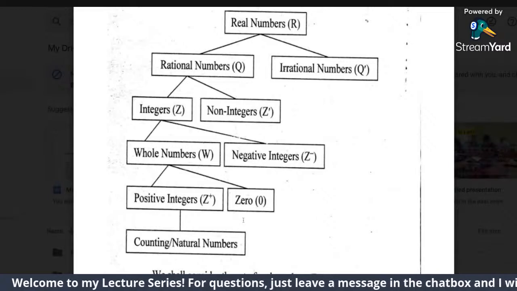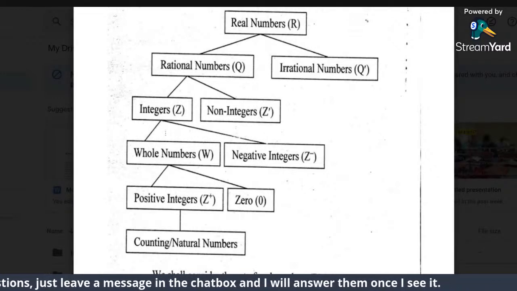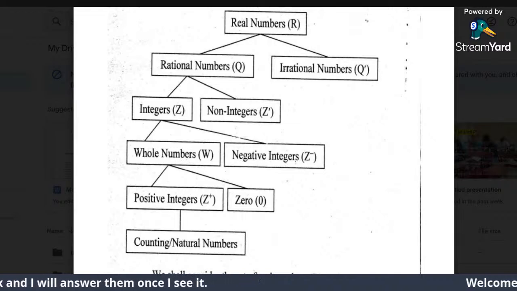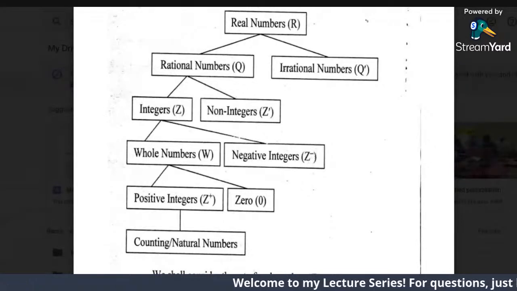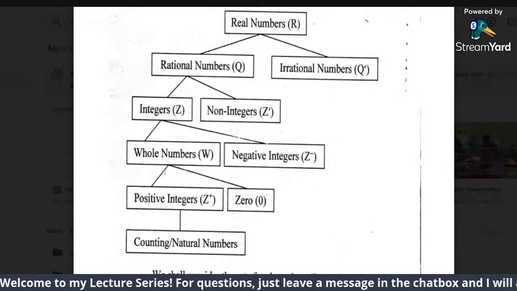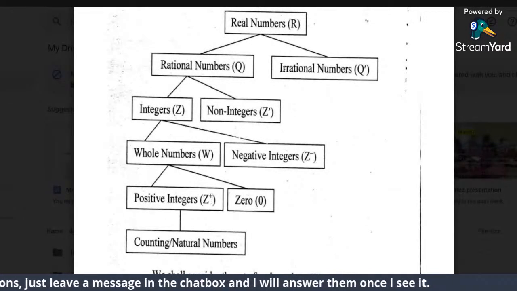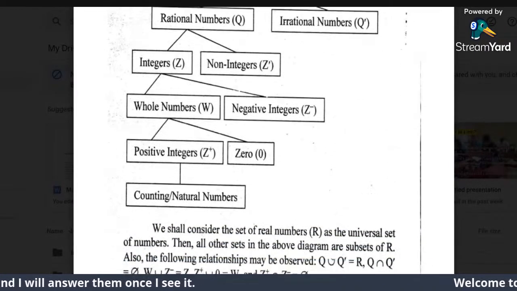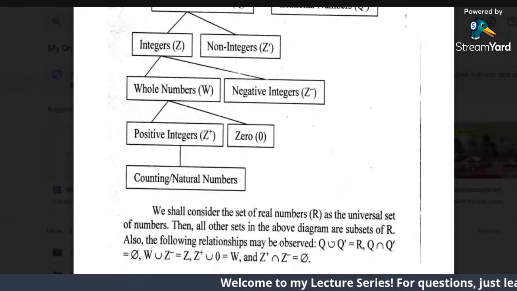We can further break down integers, which are made up of whole numbers W and the negative integers, Z minus in this representation. Then whole numbers are composed of the positive integers Z plus and the number 0.